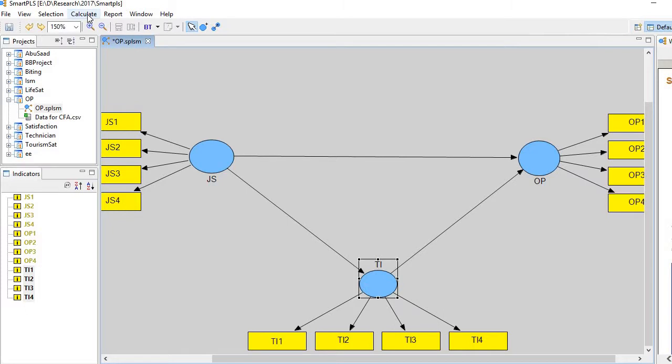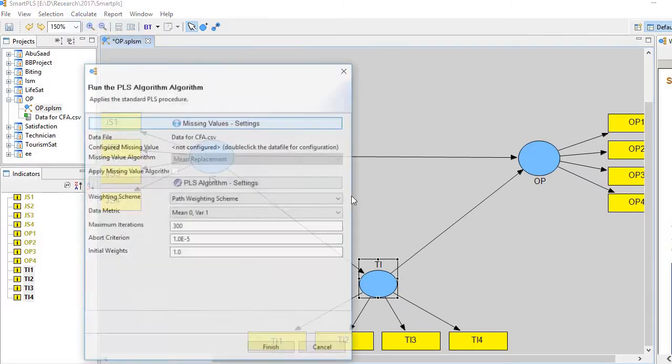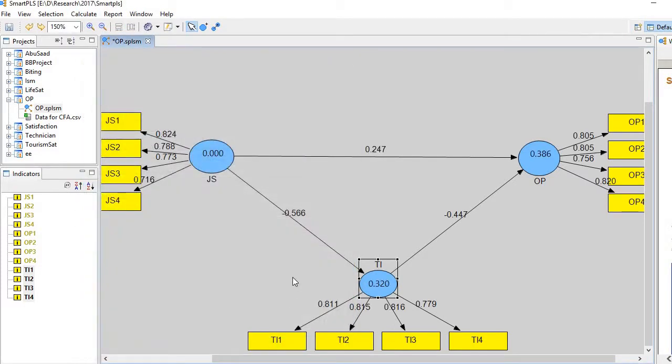So let's first run the PLS algorithm, and you see here the effect of job satisfaction, meaning x, on y is 0.247, job satisfaction on TI is minus 0.566, and turnover intention on OP is minus 0.447.